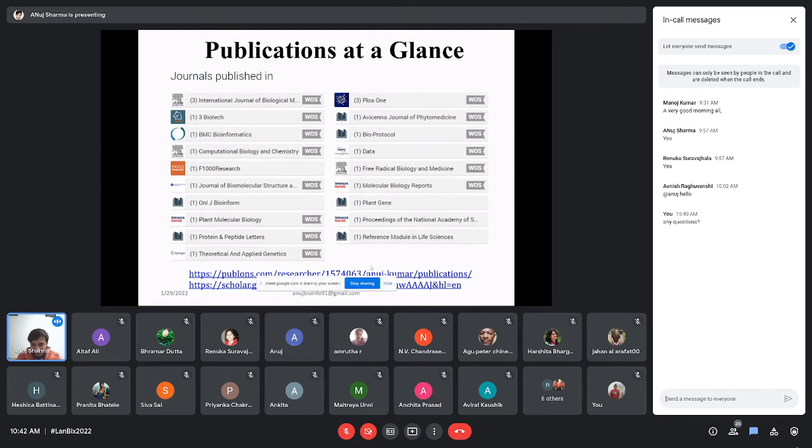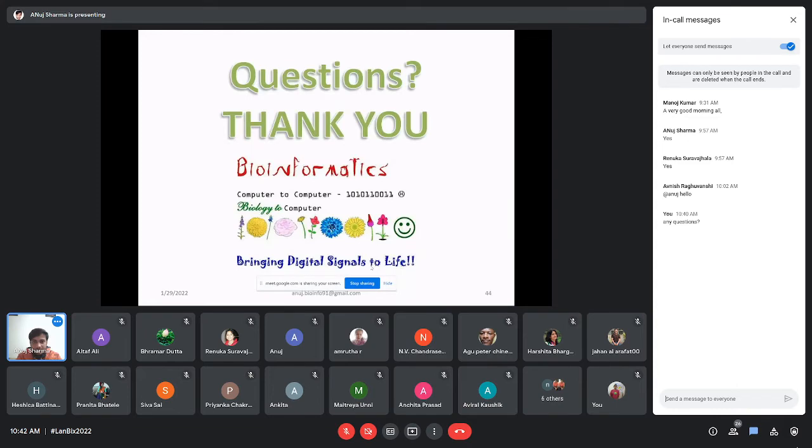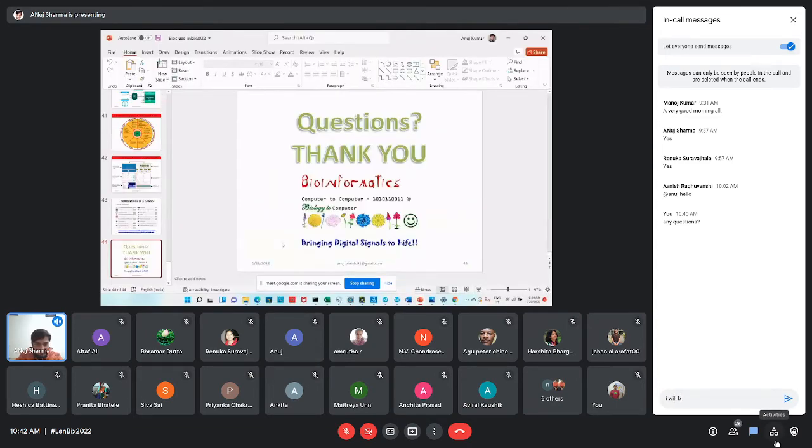I am associated with them to provide the bioinformatics support. I would like to acknowledge our collaborators Ajay Pandya and others who developed this database and provided technical support. Thank you so much.